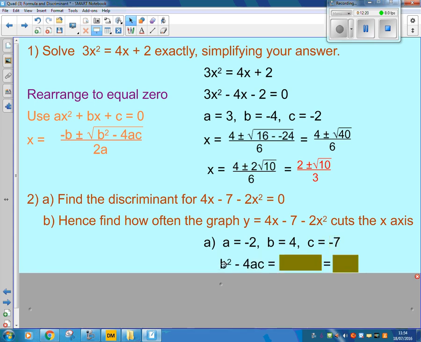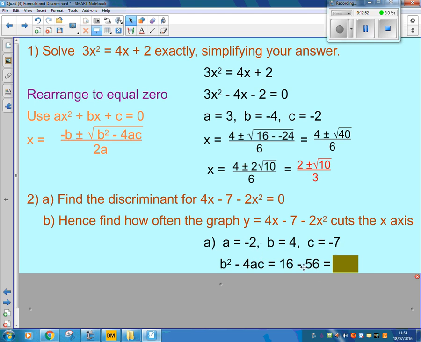Now we can work out b squared minus 4ac as b squared, 4 4s, 16. 4ac, 4 times minus 2 times minus 7 becomes plus 56. You're doing minus 4ac, so you're taking away 56. Notice we've got to be really careful on the signs here, because in effect the minus sign's kicking in 3 times. You've got a minus sign there, times 4 times minus 2 times minus 7.